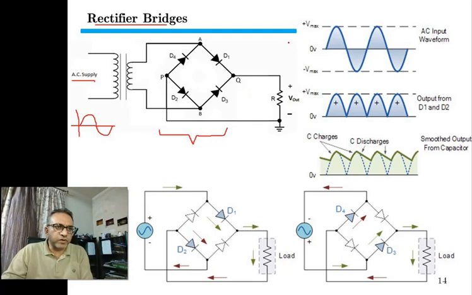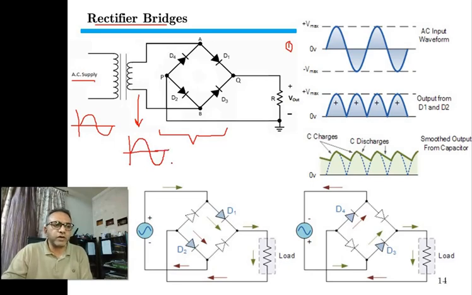The first waveform shows the input voltage. This is the input AC voltage at the transformer primary, and the transformer will transform this voltage, but the secondary output voltage will also be a sine wave.